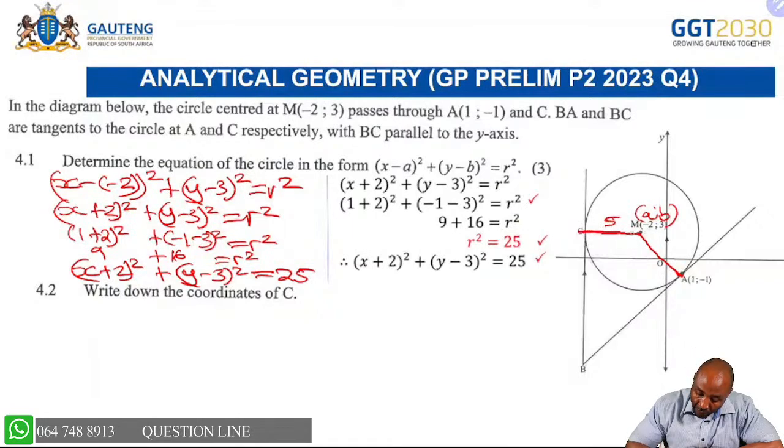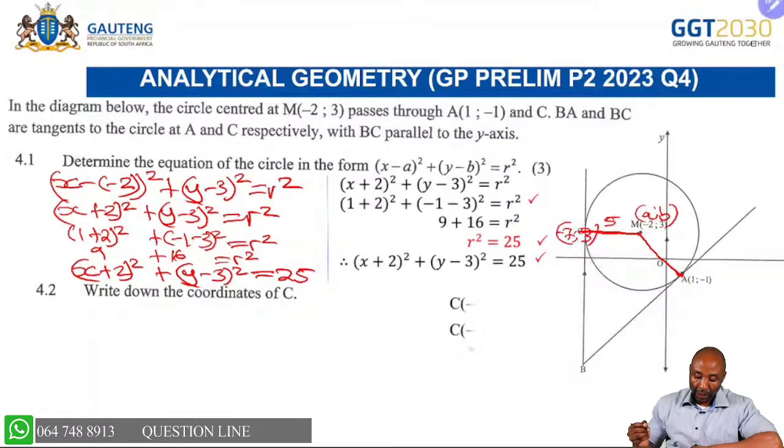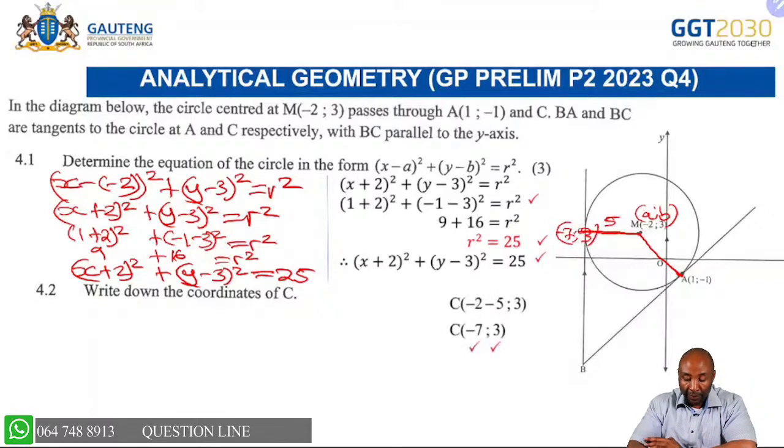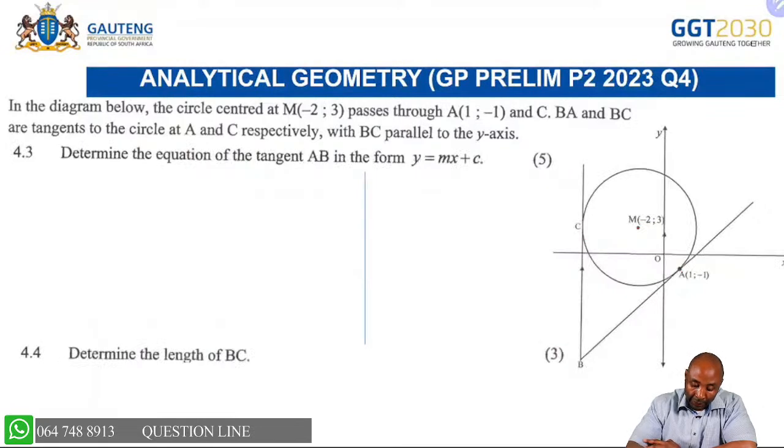So -2 minus 5 will get this as -7. Our y value will remain as 3. So the coordinates of C will be -7 and 3. The marks there are for the answer. We move on to the next one.